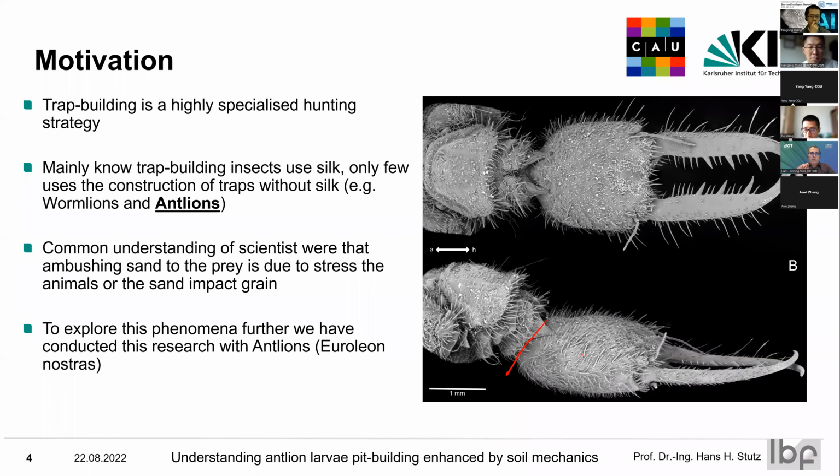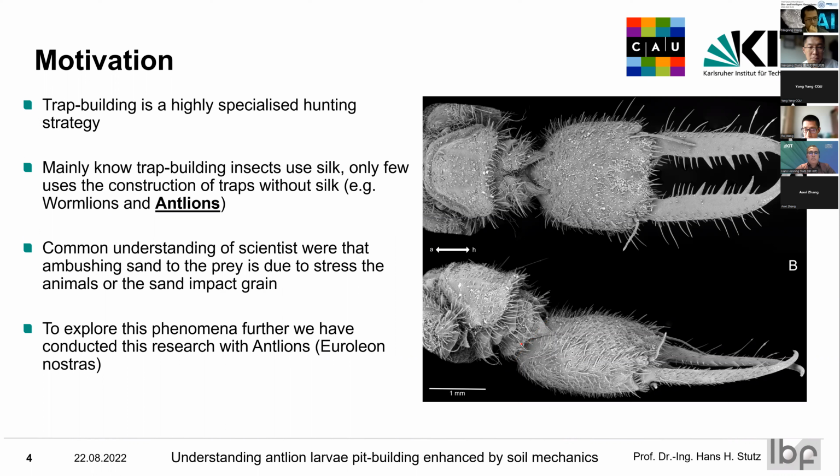So here a small motivation and overview of the research. Basically, this trap building is a highly specialized hunting strategy, and we know it mainly from spiders, so basically some insects which use silk. There are only a few, like wormlions and antlions, which this research focuses on, that don't use silk at all.